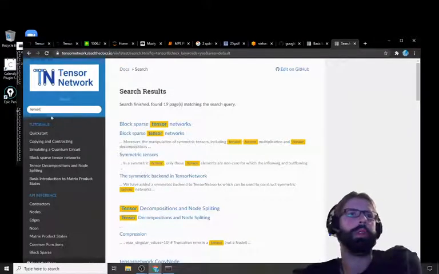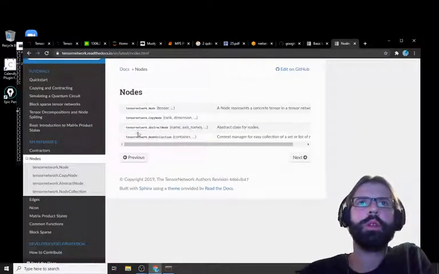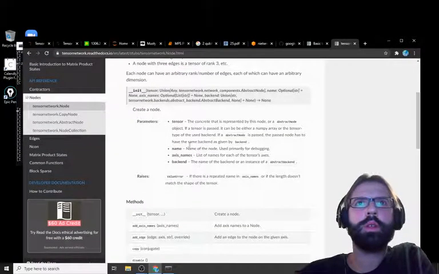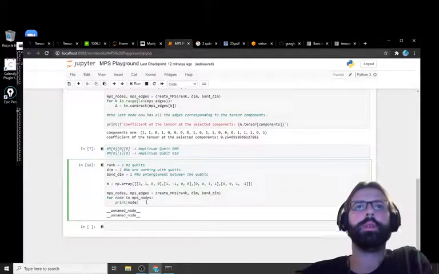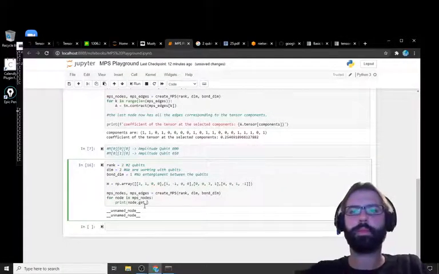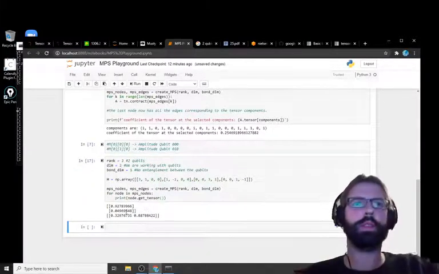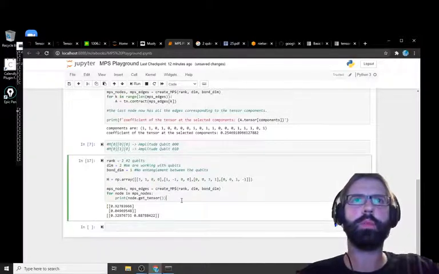So get a node and get the tensor. Parameter tensor, get tensor. Get tensor. Okay, so this is then two tensors that look like that, if you grant the MPS, like these.